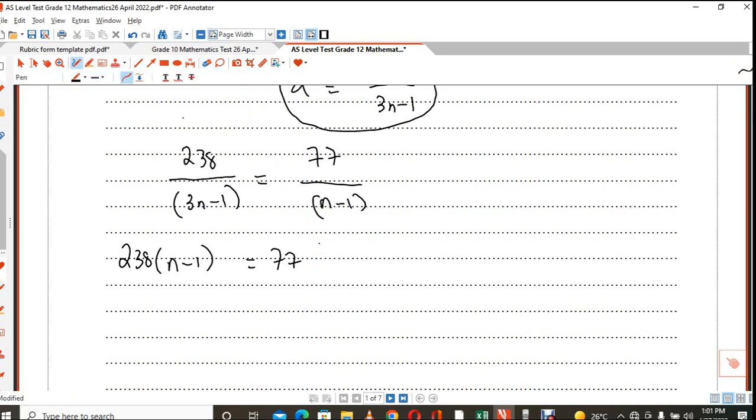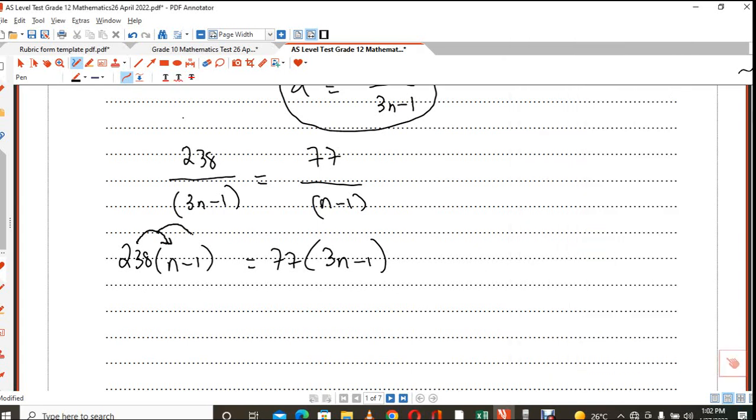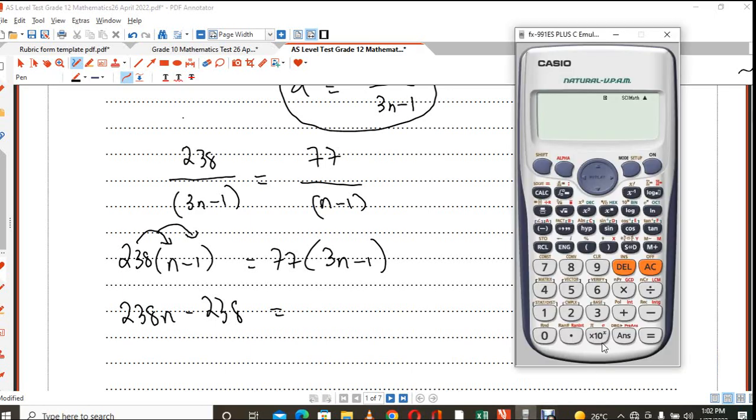77, what is this? 3n minus 1. For some reason, if 238 and 77, if 77 can go in there, I would be doing that. Okay, but it doesn't. So I will now just be left with multiplying out, somehow producing an equation. 77 times that, 231, they say.